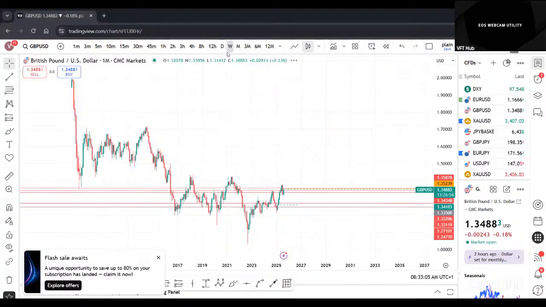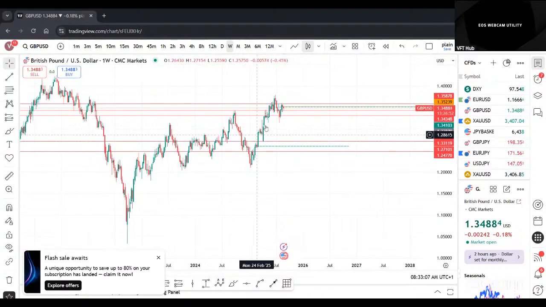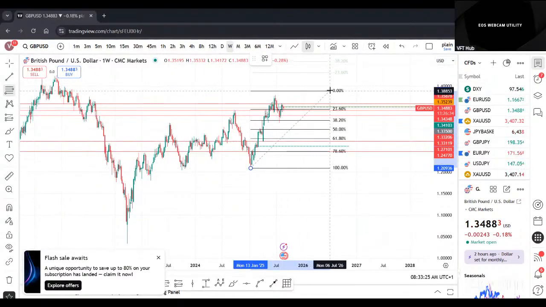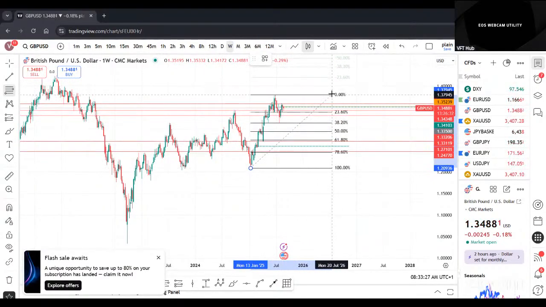Coming down to the weekly time frame, we saw that price traded into some premium level, reacted off that point, and we're seeing some downward reaction, right, for price to retrace into one of the fib levels, fibbing from point A to point B, right? We want to see price retracing at least into the 61.8% fib level.